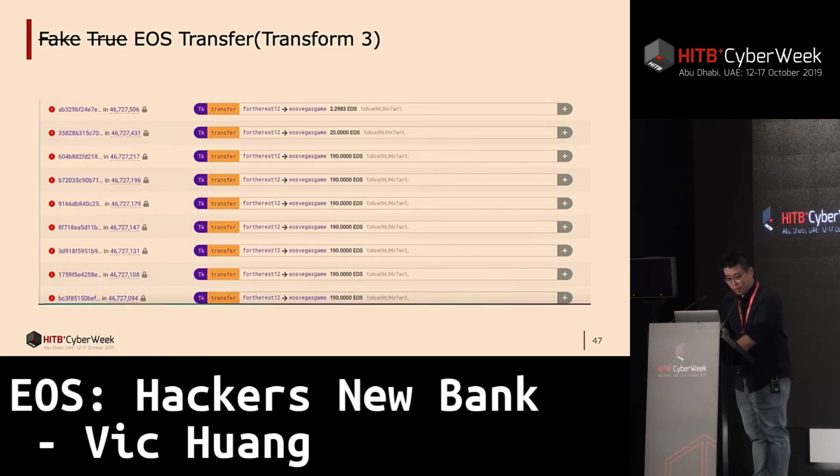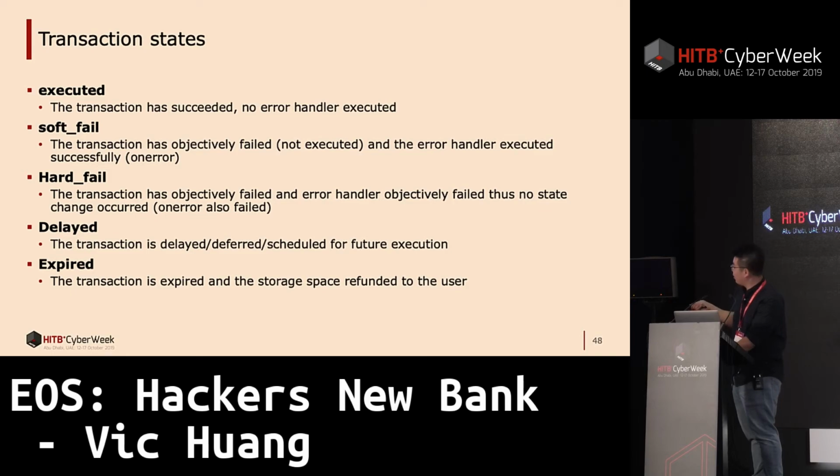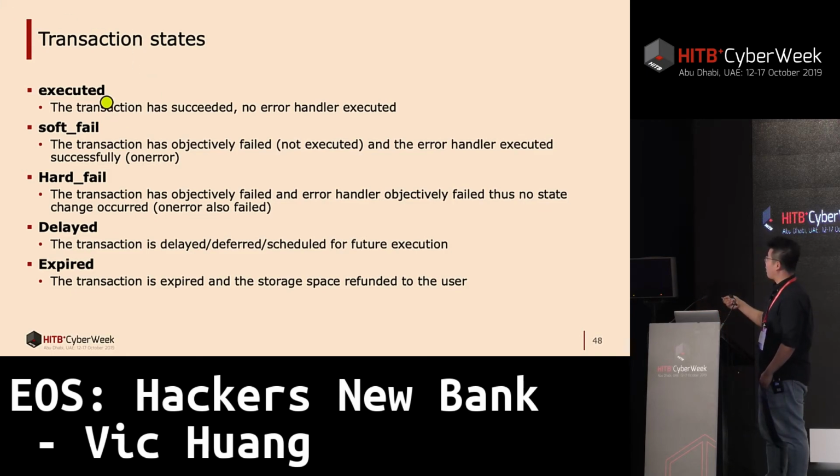And the next one, in 2019, is another attack. Before we talk about the attack, we have to explain the transaction states. As we mentioned, we can force it to roll back, but there are several kinds of failures that make it roll back.